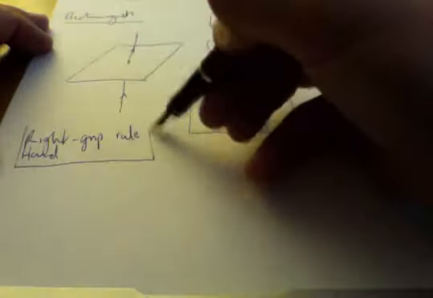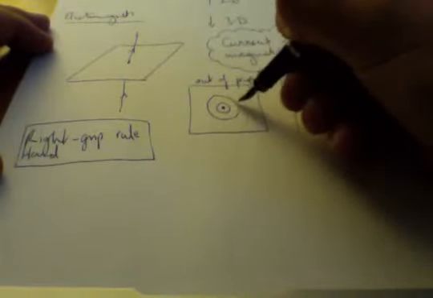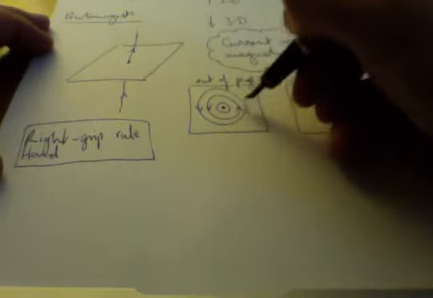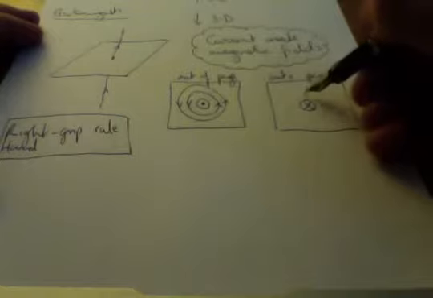So if this were coming out of the page and I put my right hand up, then the magnetic field will be turning around in a circle in this direction. Take a look at my fingers again. Thumb up, fingers around. However, if we're going into the page, my fingers are going the opposite direction.